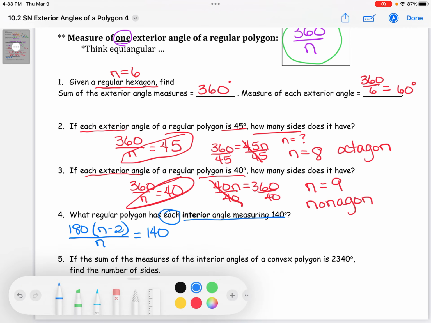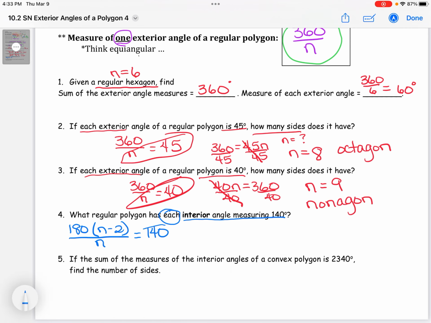So what I'm going to do is I'm going to cross multiply again, just like I was doing before. And I'm going to have 180 times n minus 2 equals 140n. I'm going to go ahead and distribute. So I have 180n minus 360 equals 140n.